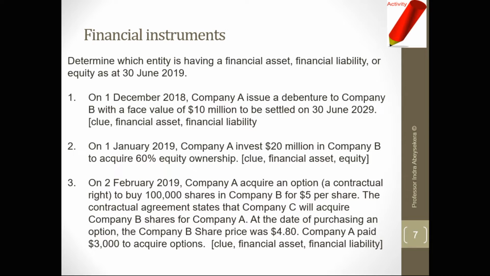Company B, because it's investing in company A's debenture, has a financial asset. Second one, company A invests in company B to acquire ownership, so company A has an asset investment and company B has issued equity. So asset and equity.